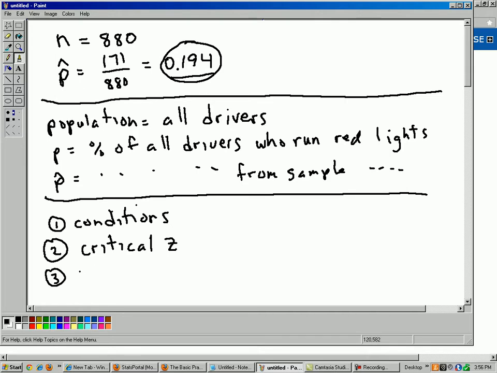Step 3 is then compute the standard error, and then step 4 is do the formula, p hat plus or minus critical z score. So we put a little star to remind us it's the critical z times the standard error.